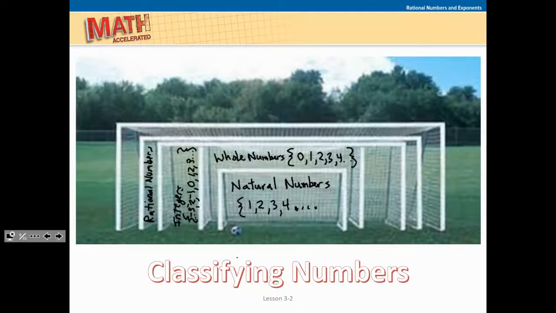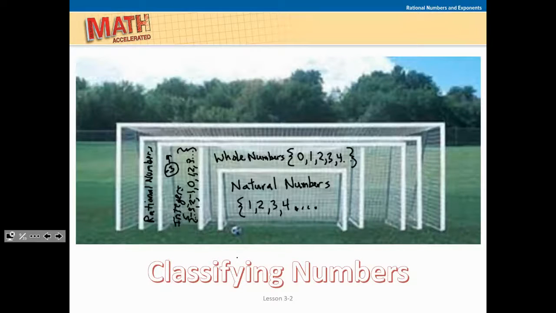All right, so let's say the number -3. If I shoot a ball labeled -3, that would fly into that goal. Yes, what a goal. But it would also be inside of the rational numbers goal.